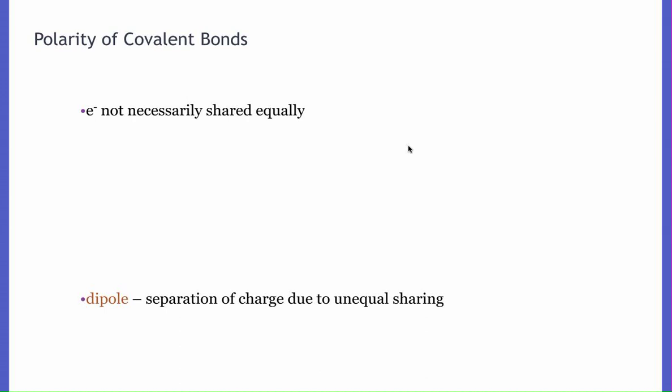We've gone through ionic and covalent bonding, we need to talk about the polarity of covalent bonds. So we talked about how atoms would share a pair of electrons to make a covalent bond. Say a hydrogen and a chlorine.